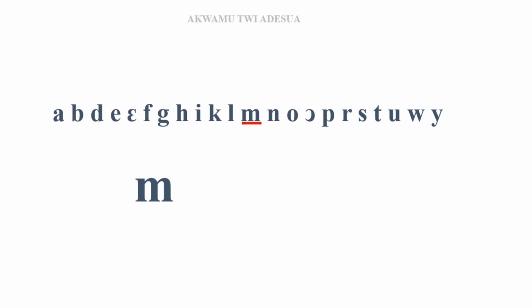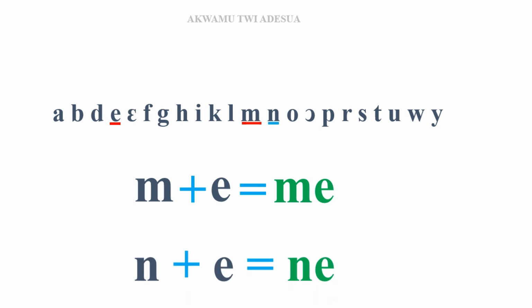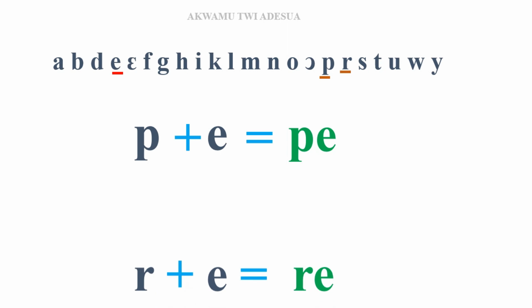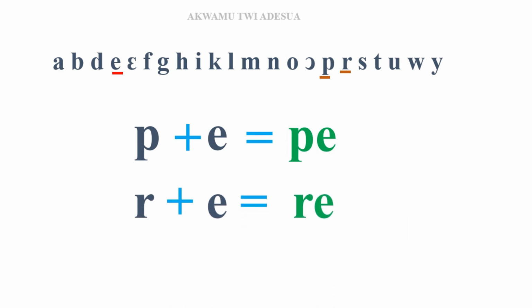M plus ɛ will give us mɛ. N plus ɛ will give us nɛ. P plus ɛ will give us pɛ.